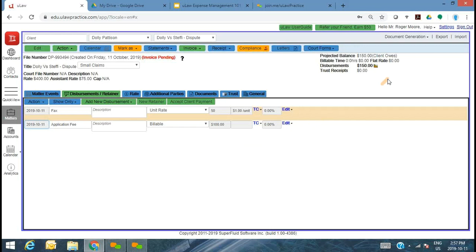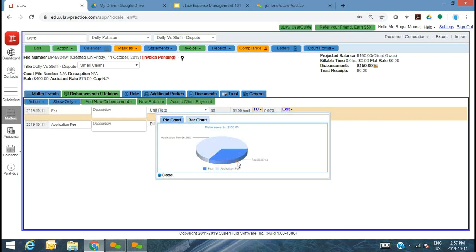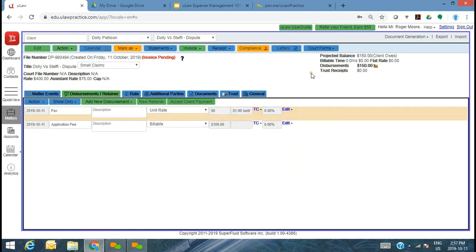Now you have two transactions, and you can start to see uLaw gives you a bit of a projection. You had a $50 fax charge, and I can click on it to really see, we had tax at about 30%, and you had an application fee with the remaining amount. It gives you a high-level view of it.